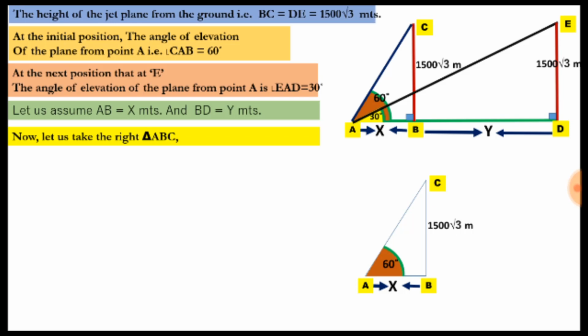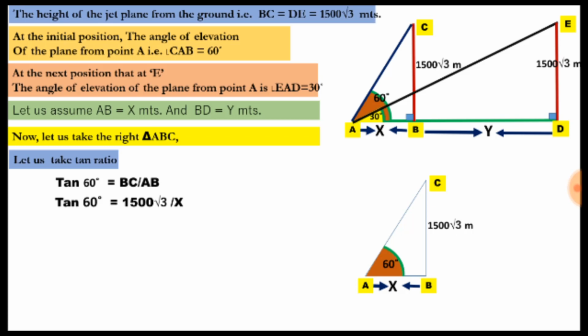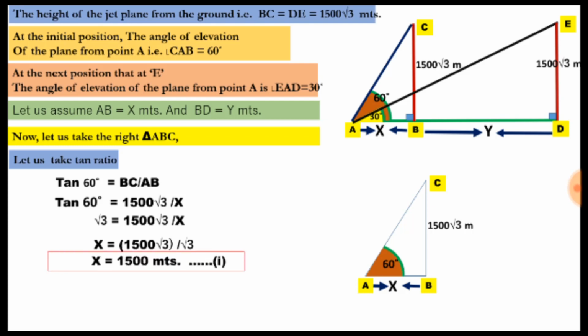So here we need to use the ratio between opposite side and adjacent side, so we can choose the tan ratio. Tan 60 degrees equals BC by AB. Now substituting the values, we get tan 60 equals 1500 root 3 by x, and we know tan 60 is root 3. So root 3 equals 1500 root 3 by x, and simplifying this, we get x value as 1500 meters. Let us call this equation 1.